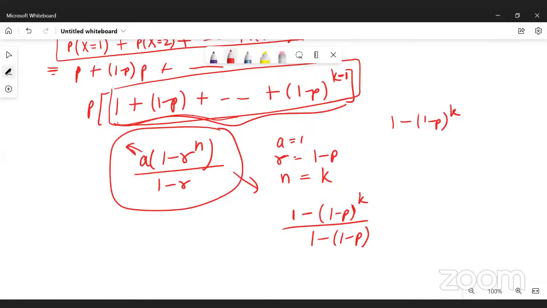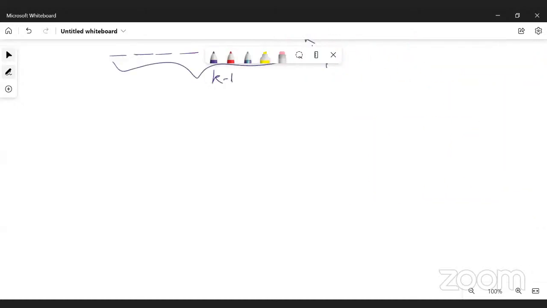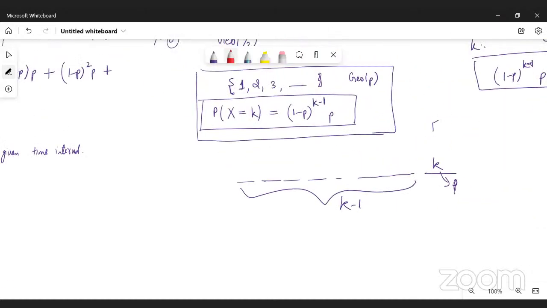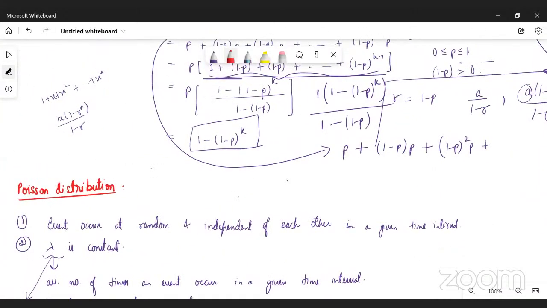Is it a special case of geometric distribution or what? No, it is not a special case. It's just a derivation. If you have to find what is the probability that you get the first success within the kth trial, then you have a simple formula that you can just write. Madam, earlier we had also given an expression which is P into (1 minus P) to the power K minus 1.